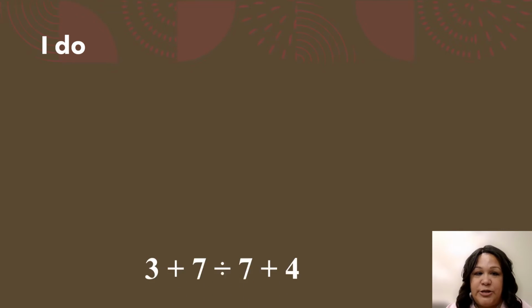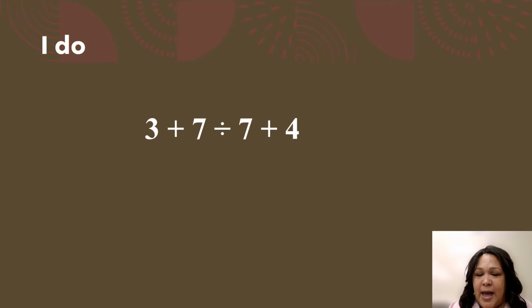All right, so let's go ahead and jump right in. We're going to look at an order of operations problem. We've got this problem, and if we look at our steps, it says first we should be looking for parentheses. We don't see any of those.